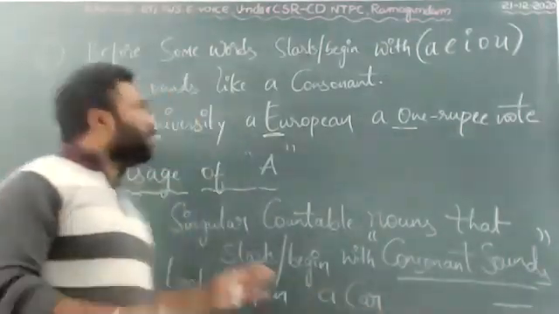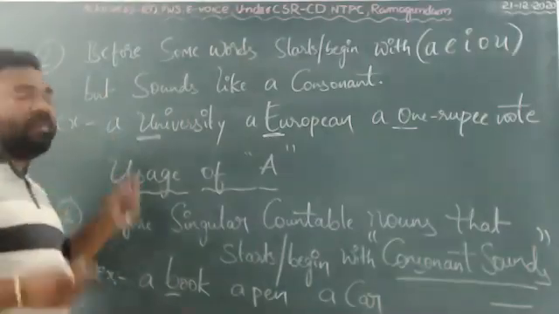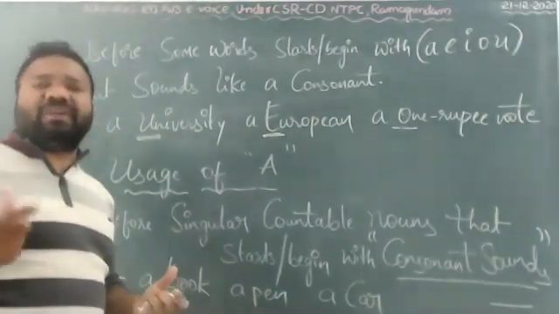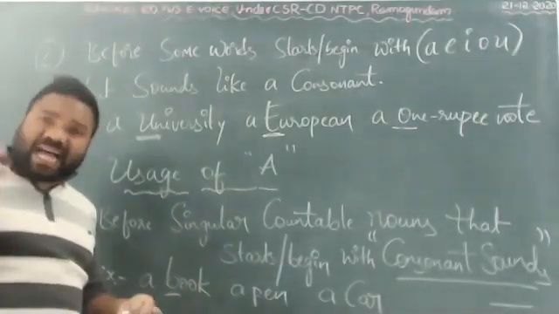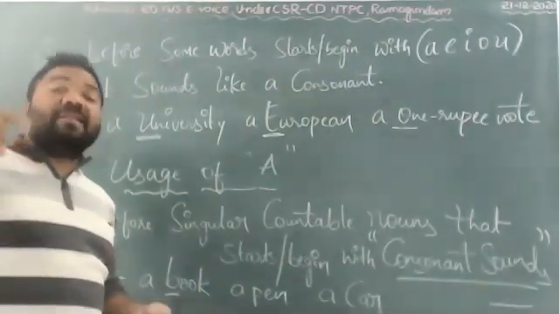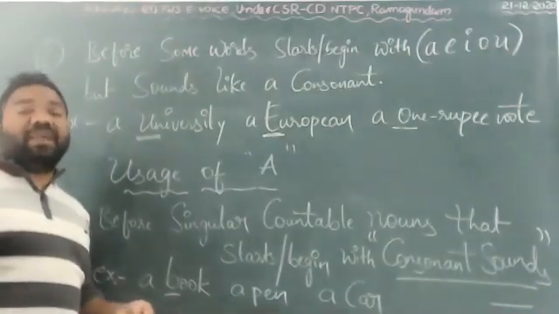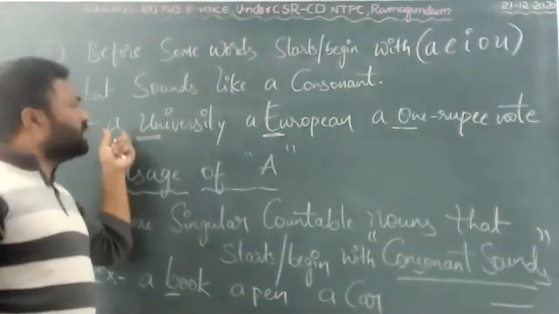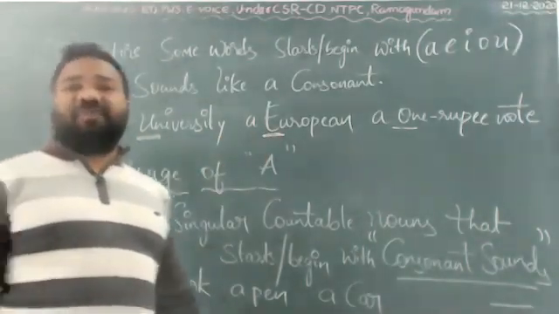All right. So the next case where we have to use 'a' is for some particular words. They might start with vowels, but they sound like a consonant. Therefore, we have to use 'a' before these words.